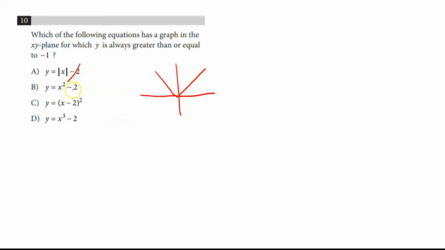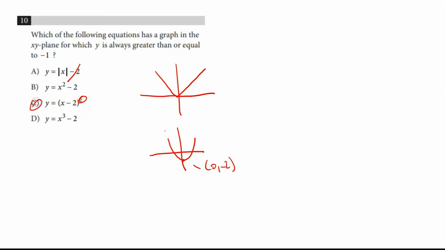The same for y equals x squared minus 2. The graph of this looks a little bit like this, where its lowest point is 0, negative 2. If we notice here, no matter what x value you plug in, negative or positive, its value is squared, which always gives a positive value.